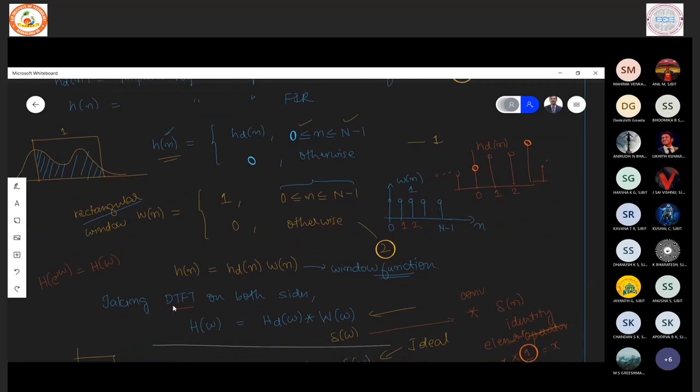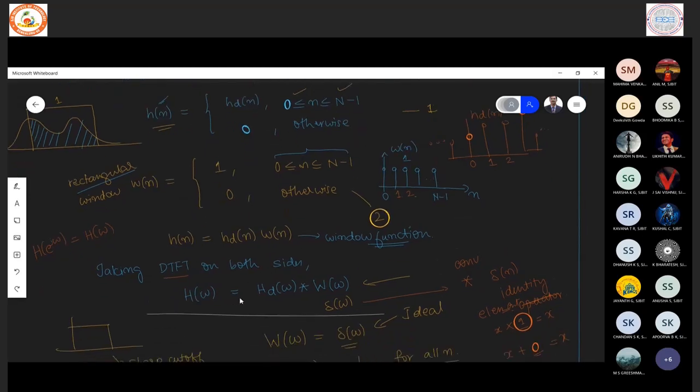Next, taking DTFT on both sides. We have learned that to get the frequency response from H of n, we have to take its DTFT, correct? So when you take DTFT on both sides, we get H of omega equal to HD of omega. The operation of multiplication in the time domain becomes convolution in the frequency domain.